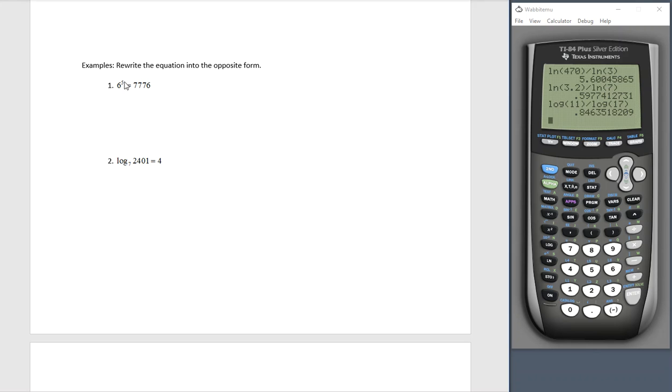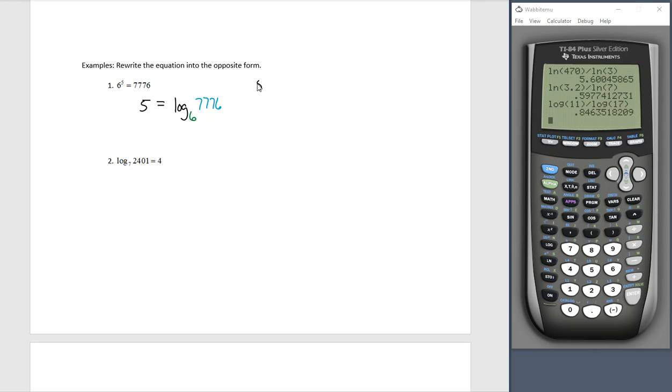Here we have an exponential equation. Okay, these are the words I use to rewrite these. 5 is the power that I put on 6 in order to get 7,776.